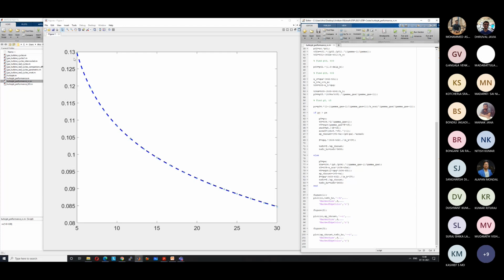So we can see that the specific fuel consumption is reduced with increasing value of pressure ratio. What is beneficial, higher TSFC or lower TSFC?